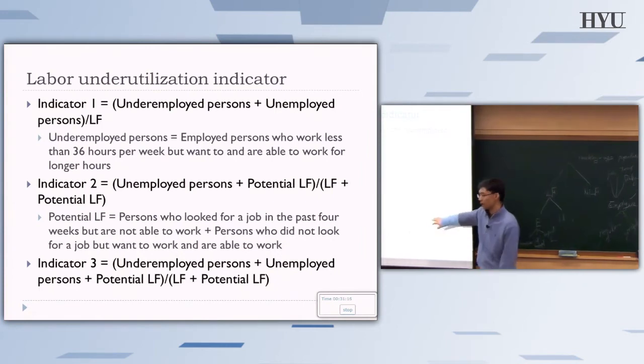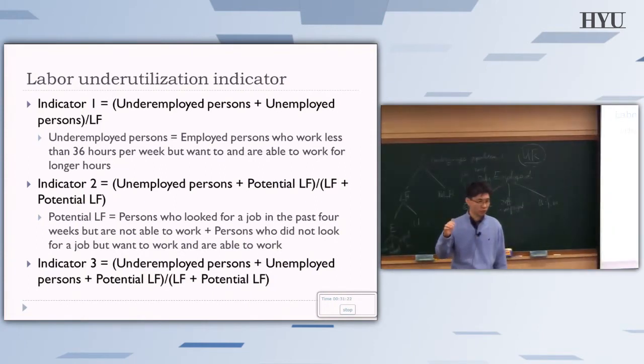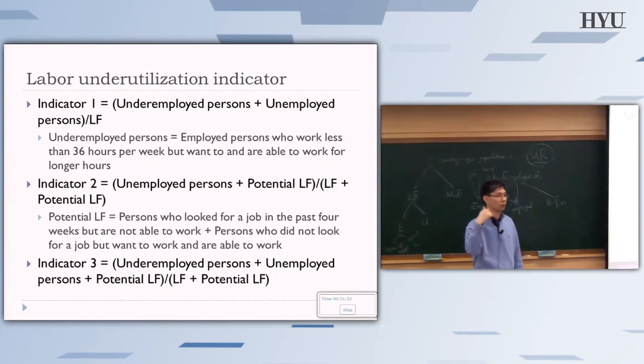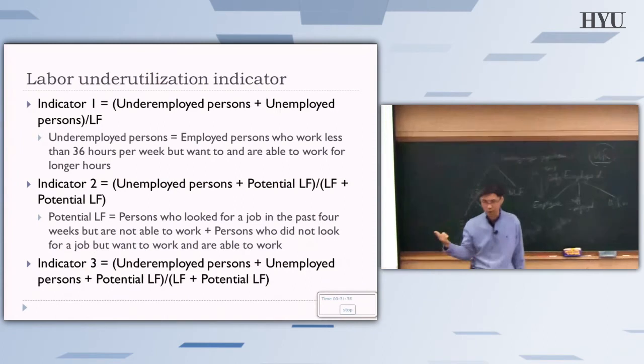So indicator 3, in a way, tells us the percentage of people who are not employed to the most desirable level. The most desirable level is obviously that if you want to work, you should be able to work. If you want to work full time, you should be able to work full time.